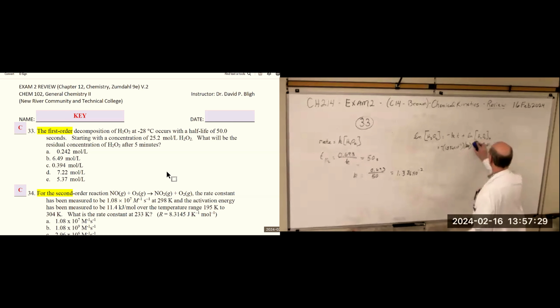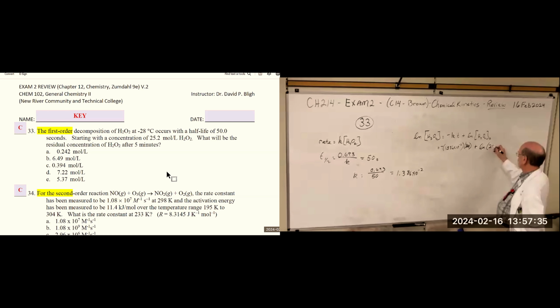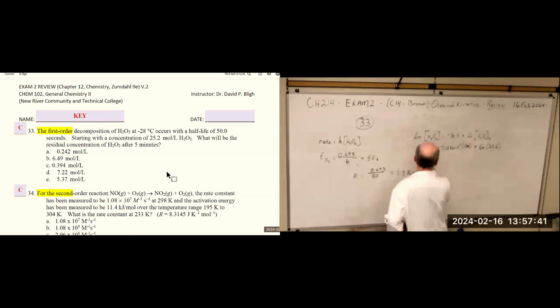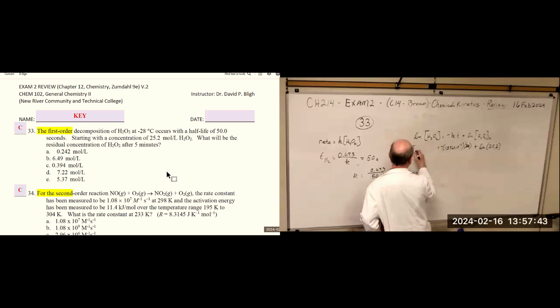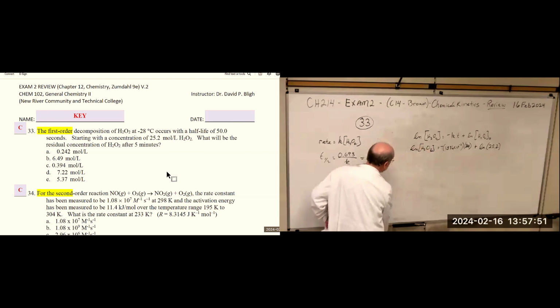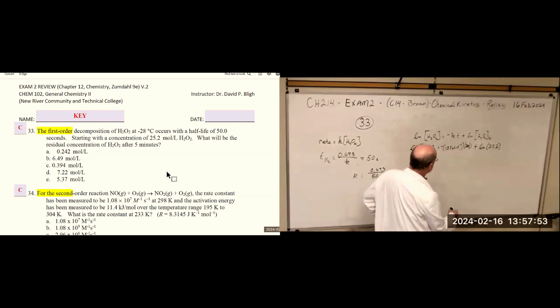Let's see, I need to expand a little bit here. Plus natural log of 25.2, correct? And this is the answer we want right here. I need to make a little room. All right, so what can we do?